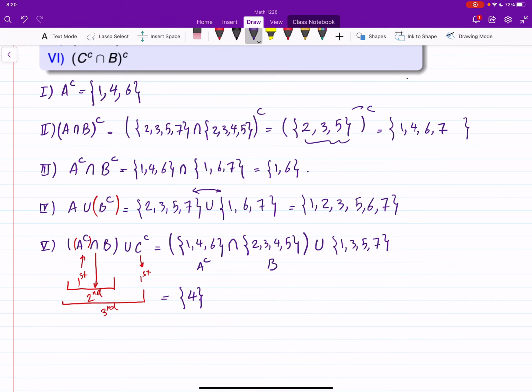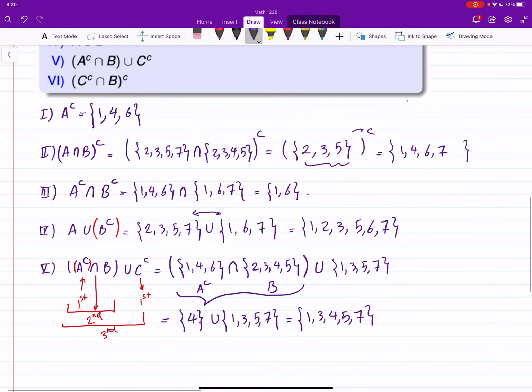So the intersection of these two gives you a set with one element. Then find its union with 1, 3, 5, and 7, and that is the union. Yes, so you put all the entries together, you get 1, 3, 4, 5, and 7.